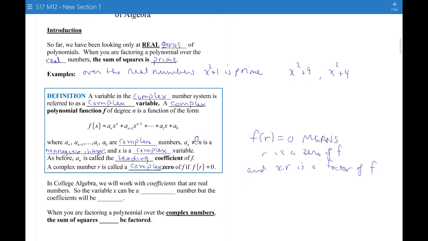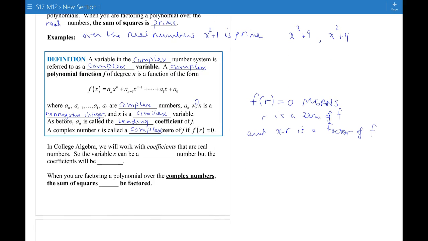In college algebra, we will be only using coefficients that are real numbers, but I wanted to introduce the idea that you can have complex numbers as the coefficients. We will allow the variable x to be a complex number, but the coefficients will be real. That will simplify life a little bit.